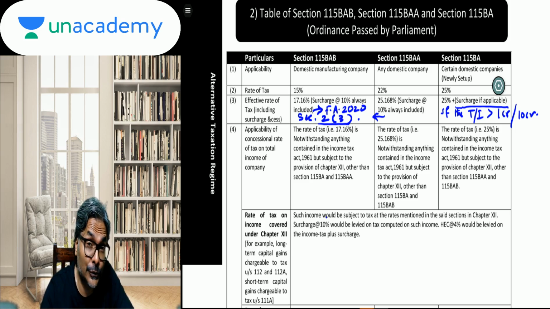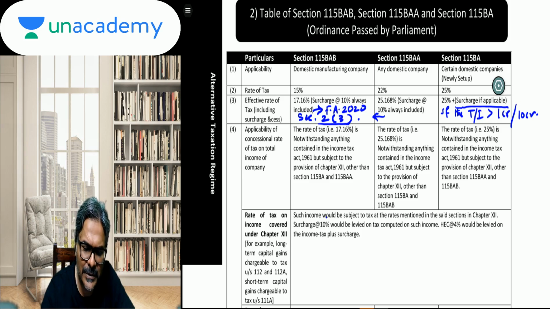So the question is whether on those incomes on which the tax is determined as per the special rate, we will be charging the surcharge. Will the surcharge be levied in those particular cases? That becomes the issue under consideration.